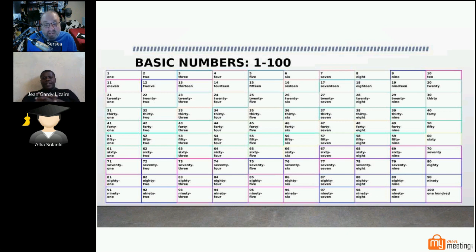15, 16, 17, 18, 19. And it's important with 19 because some people say 19 without it, but we have to pronounce that N in there. 19.